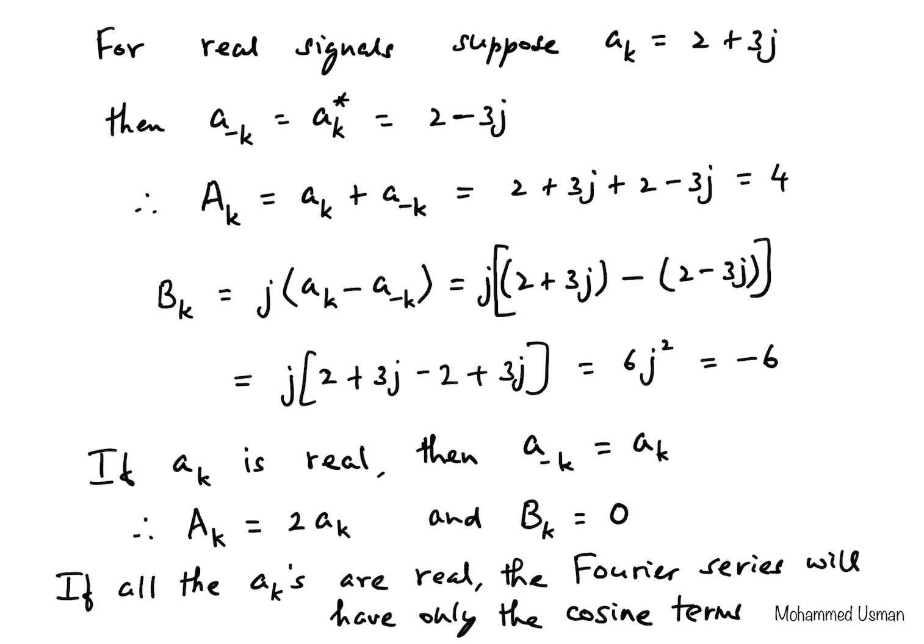So if you remember these points, then a lot of your calculations will become much simpler. By using the idea and the understanding of complex numbers, you can evaluate the other terms, and some of the terms will become 0, like in this case BK becomes 0, and therefore your series will become much simpler.